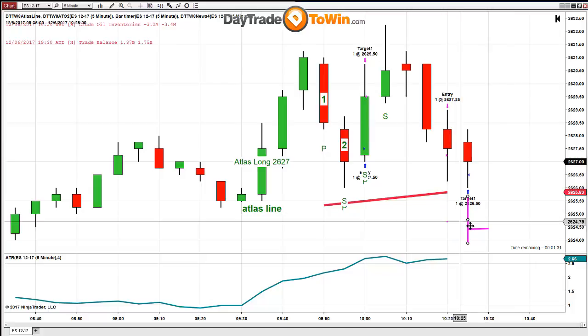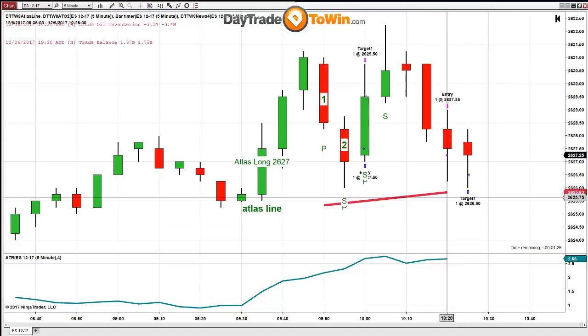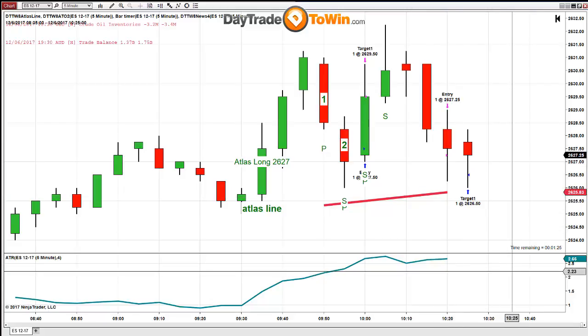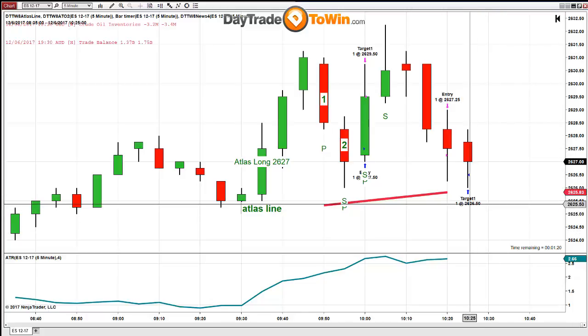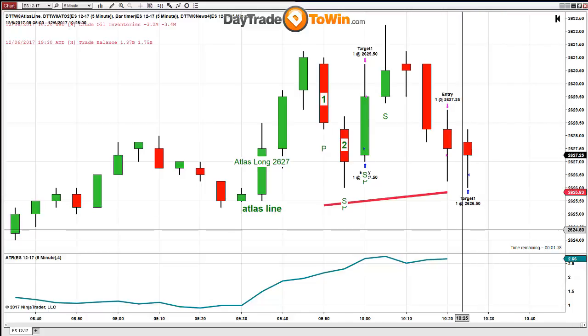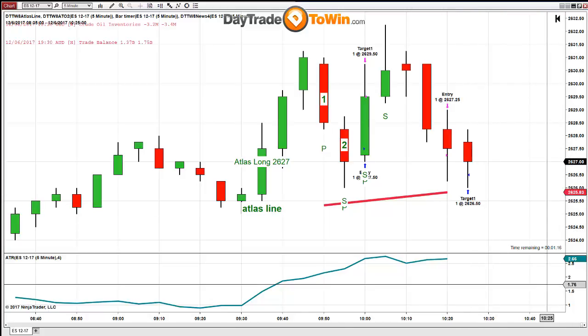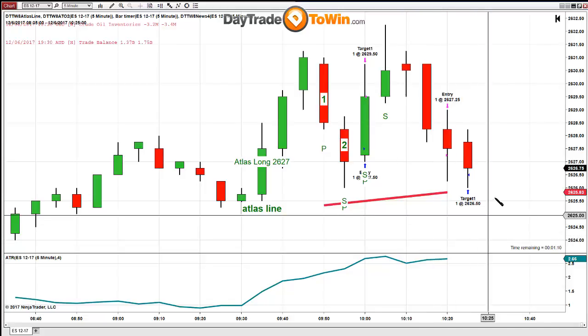Anticipate it. If the market bounces off here, this area where the Atlas line is trading, there's not going to be a short trade. There may be a long as a bounce signal, but there will not be a short signal. So price action is very important. 2 candles closing below will automatically plot the signal to go short.